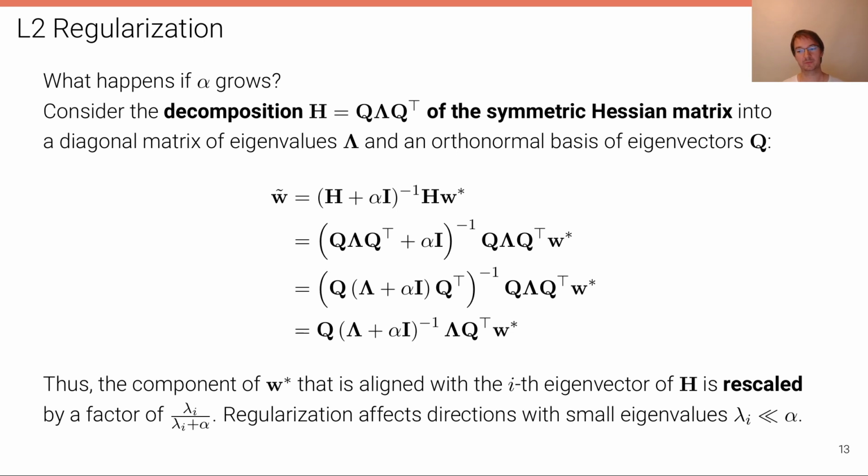But if we have eigenvalues that are very large, in directions of eigenvectors where the eigenvalues are very large, then this rescaling does not happen as much. Let's say lambda is significantly larger than alpha, then this alpha doesn't play a role here. So we are effectively getting back a scaling factor that's close to 1. So the rescaling is not really taking place.